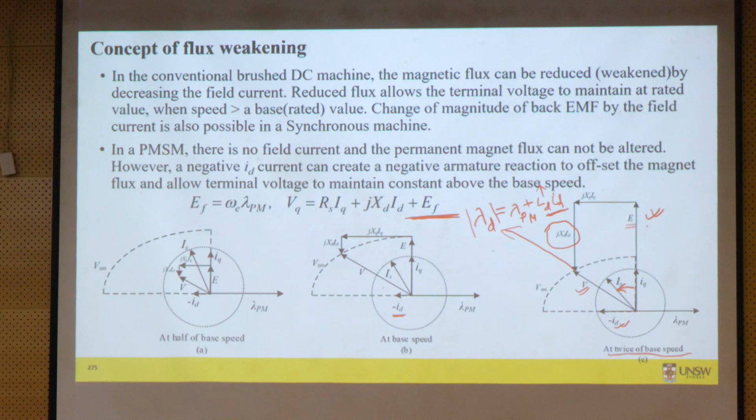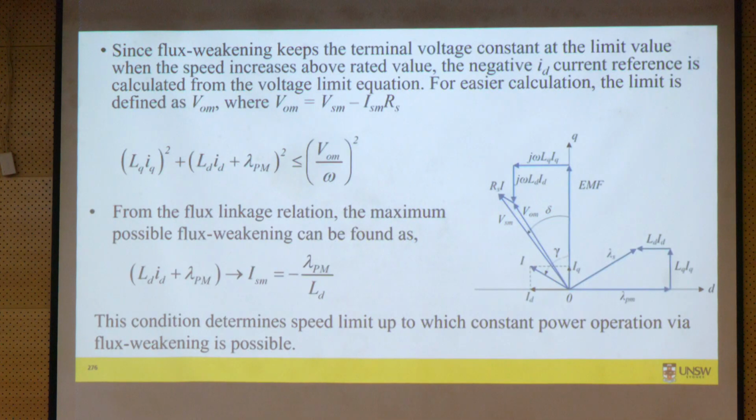So the gamma angle is no longer at the MTPA gamma angle, okay. It will start to increase, and so we will need to calculate out what ID current we need for flux weakening. And this again can be done from the voltage equation here, and this ID can be calculated out, okay.